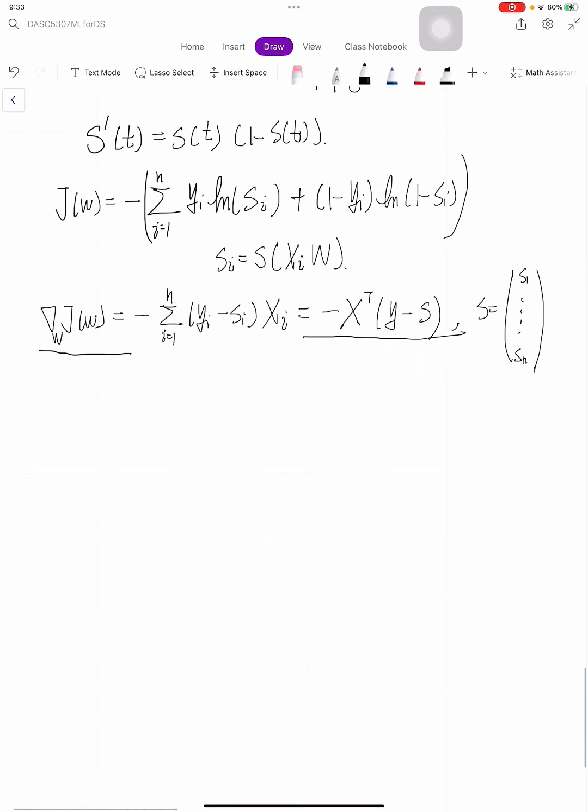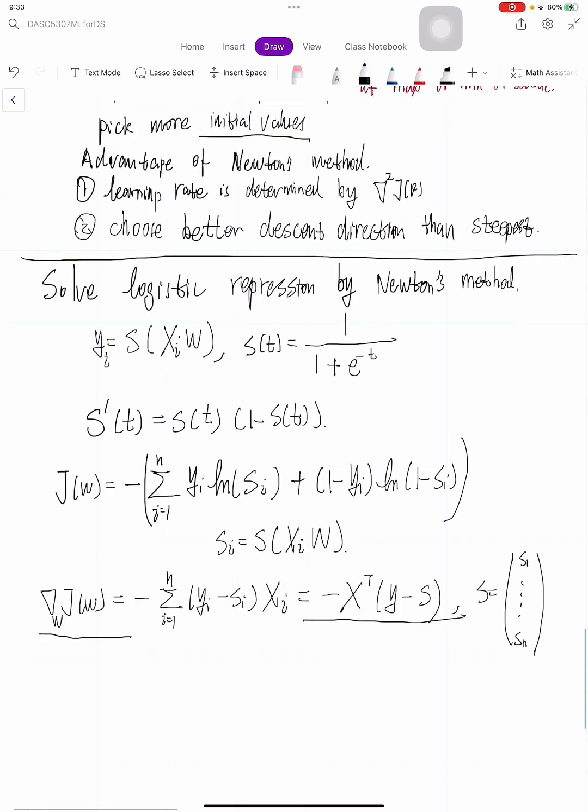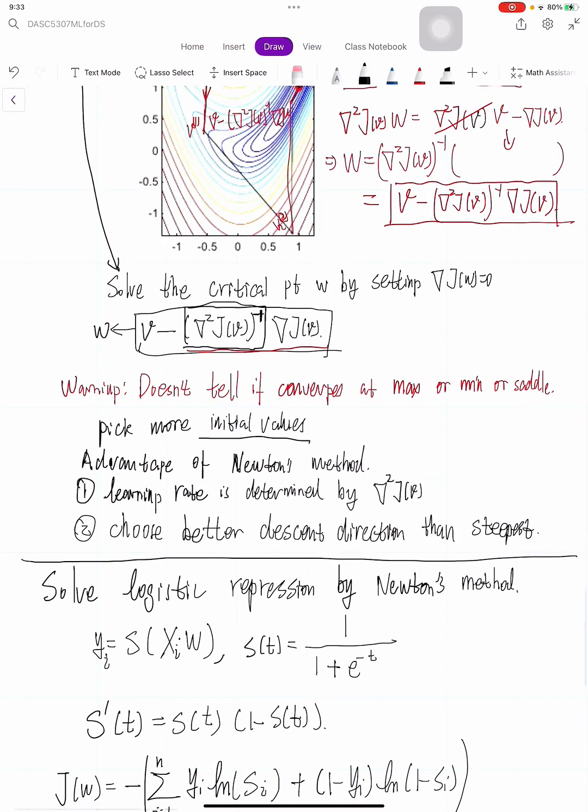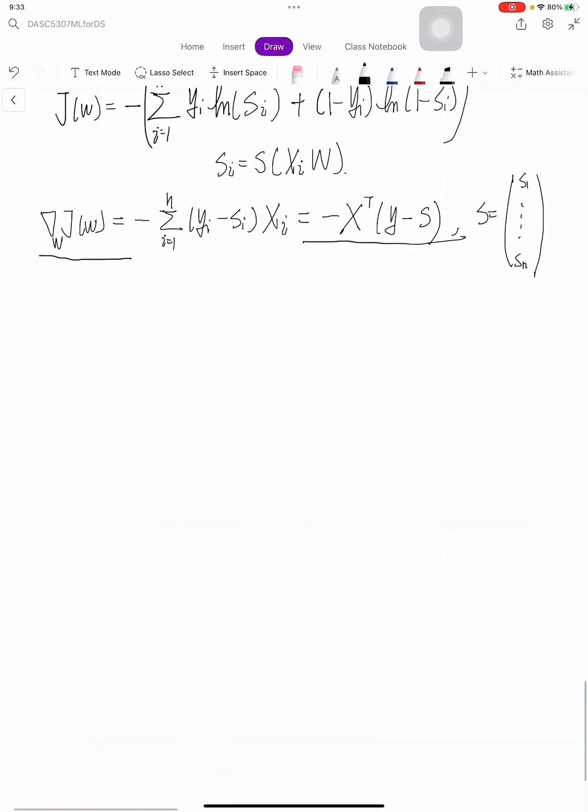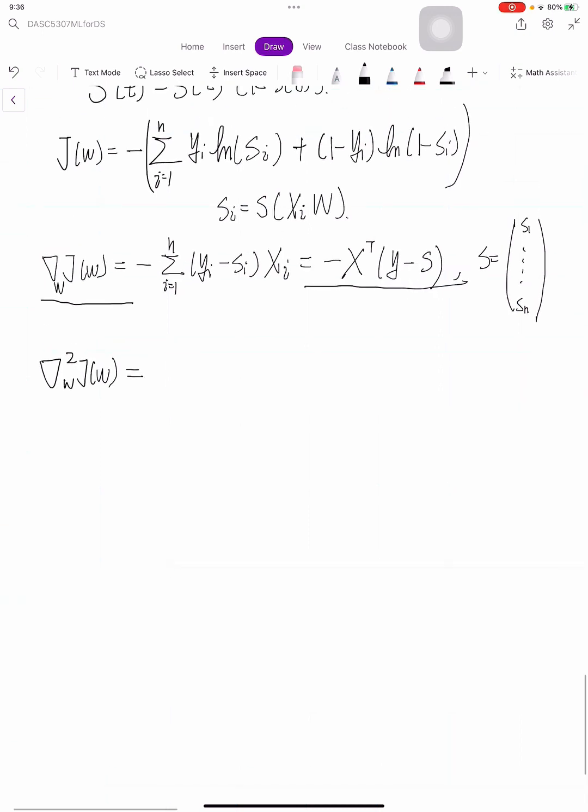Now we need the second derivative, because if we apply Newton's method, we need not only the gradient, we also need the second derivative, the Hessian matrix. So now let's solve for the Hessian matrix. We need to find the derivative of this term with respect to w again.